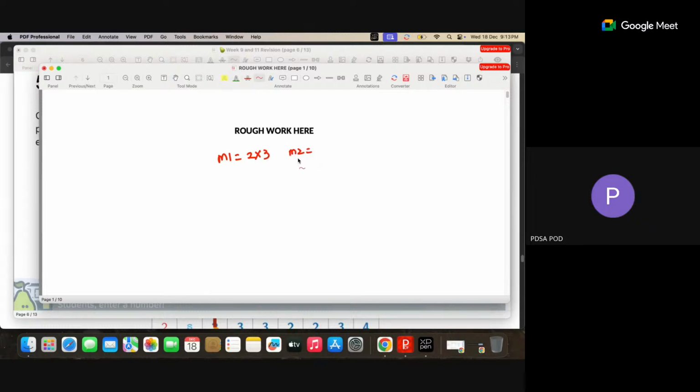M2 size is 3 and 10. And M3 size is 10 and 2.